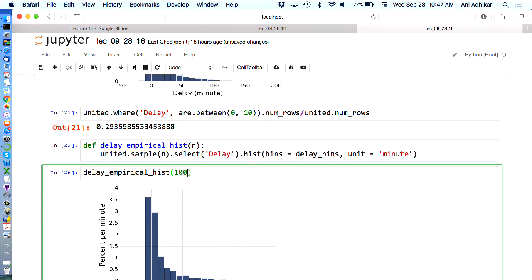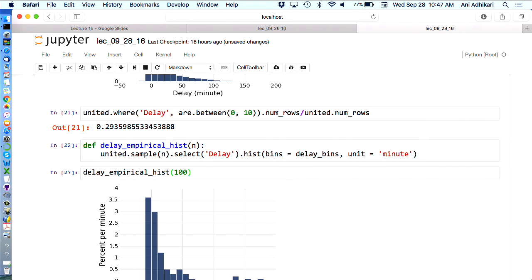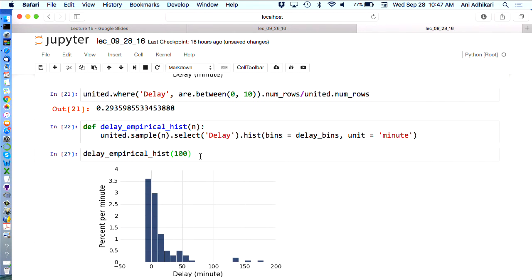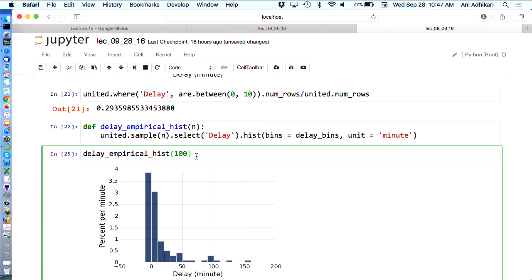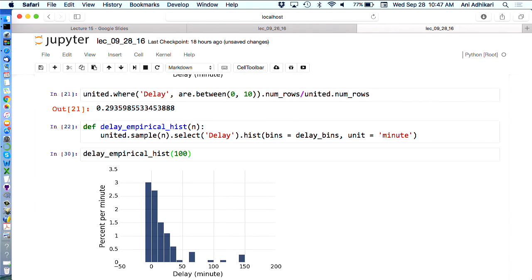Excellent question. So I ran a sample size of 100 once. What if I just kept the sample size constant and ran it again? I should get a different sample, right? So I should get a different histogram. Largely it continues to have the same problem, right?